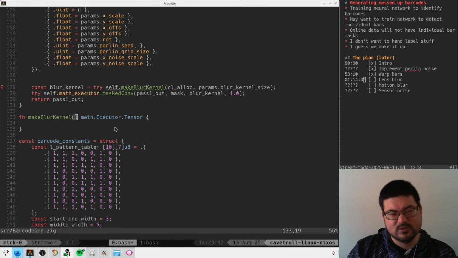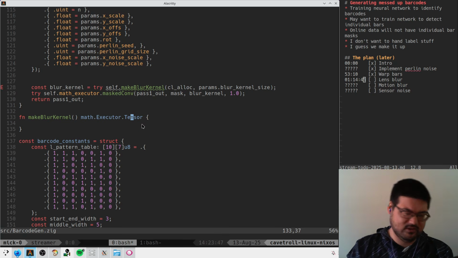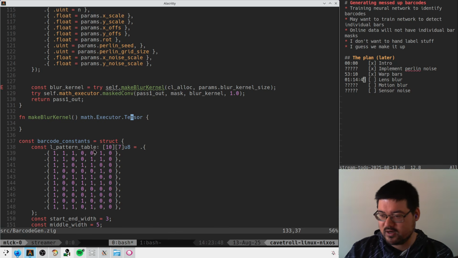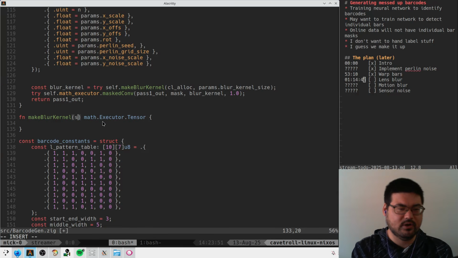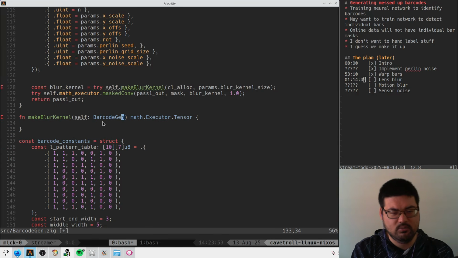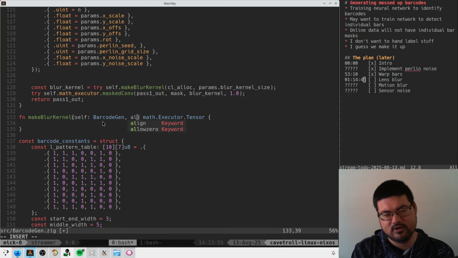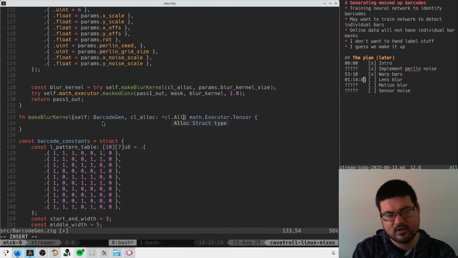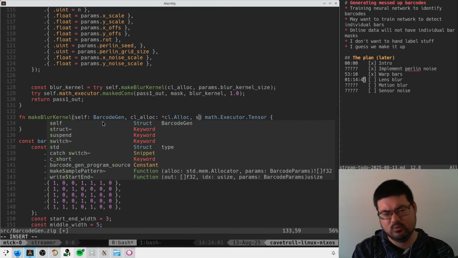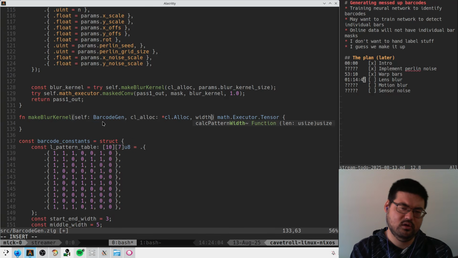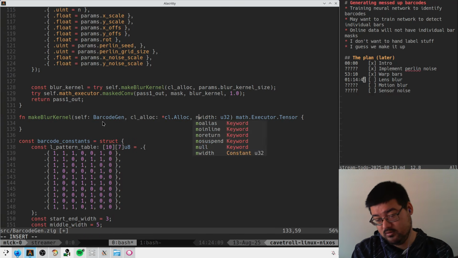So it's confusing to have this live in math executor, but this is the one that's backed by just an OpenCL buffer directly. Okay, self is our barcode generator, probably, and alloc, CL alloc is a CL allocator, and we have width, U32, probably.